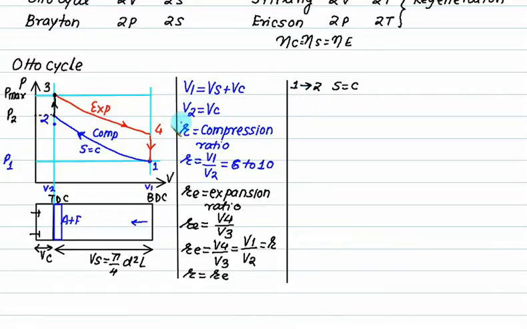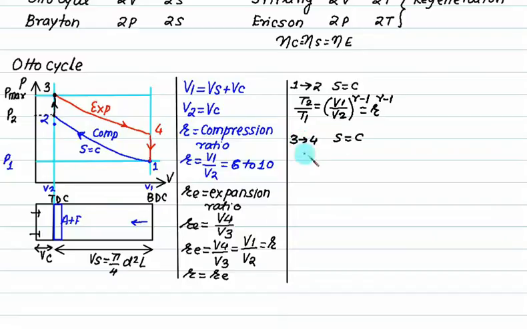Here 1 to 2 is an isentropic process, and for an isentropic process we have T2 by T1 is V1 by V2 to the power gamma minus 1. There is an inverse relation between temperature and volume. That is R to the power gamma minus 1. And secondly, we have the 3 to 4 process, which is again an isentropic process.